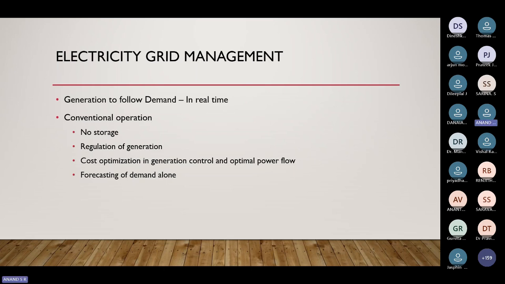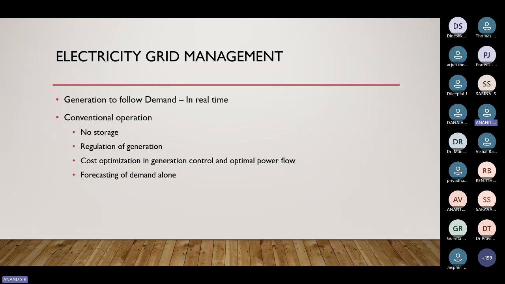So there was a lot of research work going into that, and several innovations were done. And we followed something called optimal power flow for meeting the electricity energy requirement. In the case of optimal power flow, we found that generating electricity where the resources are available, where coal is available, is better.